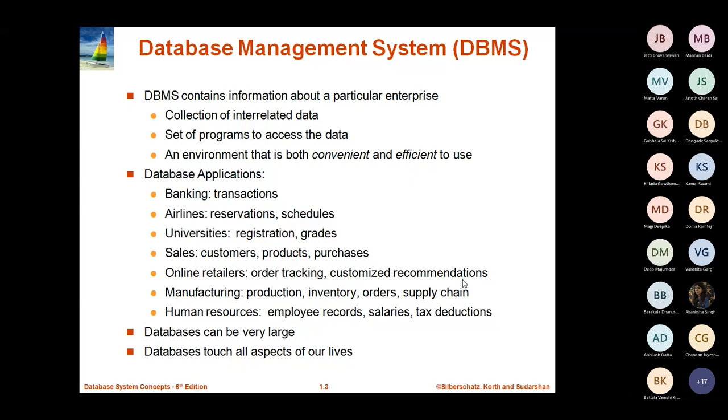Now, I would like to clearly identify the terminology: a database management system is made up of one or more so-called databases. These databases are the first point, a collection of interrelated data, and then there is also the database management system other than the databases, which has supporting programs that can be used to access the data.